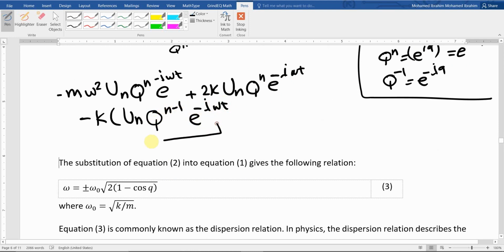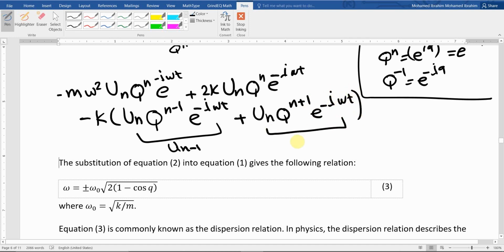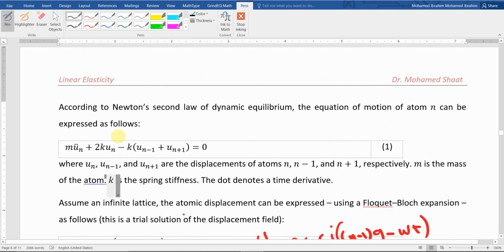This is the un-1, plus the second term, which is n+1, so it will be u N q to the n+1 e to the -i omega t. Make sense? Where this whole expression equals 0, because we just finished all of these terms.